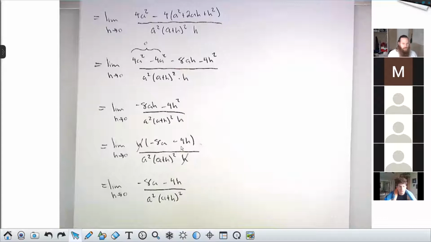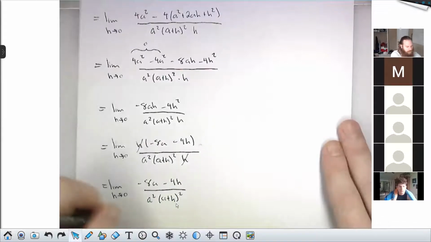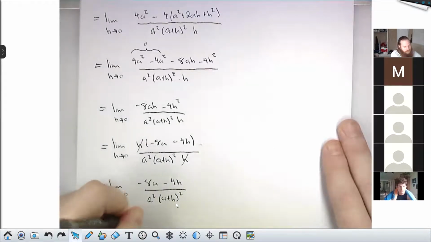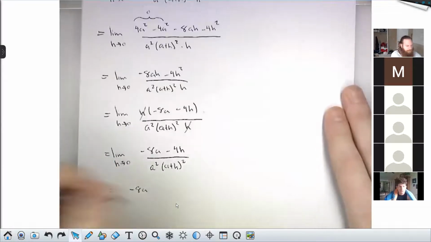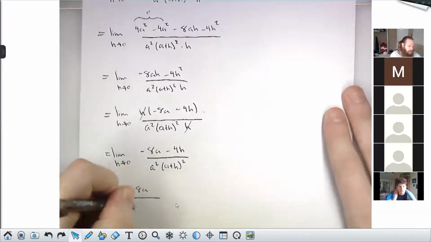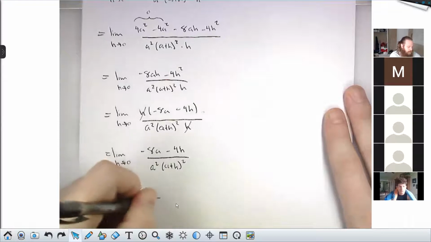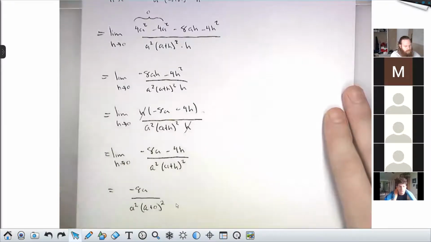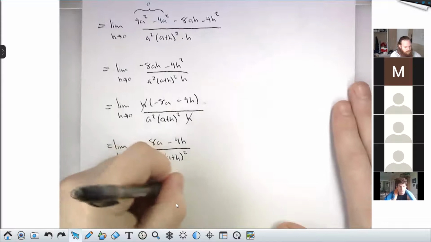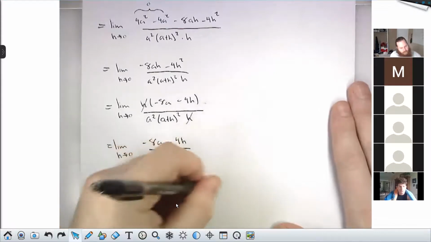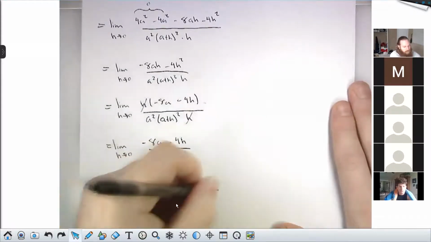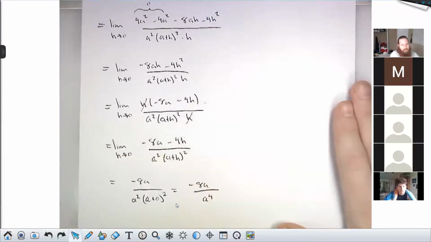Now that this factor of h from the bottom is gone, I can plug in 0 for h in this expression. This piece will go away. This piece will become (a plus 0) squared. So I'll get negative 8a divided by a squared times (a plus 0) quantity squared, which is negative 8a over a squared times a squared, which is a to the 4.